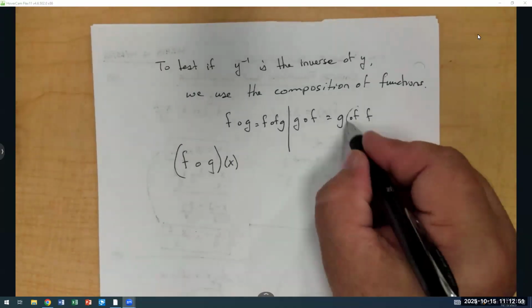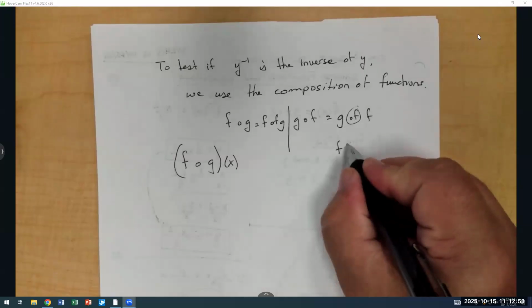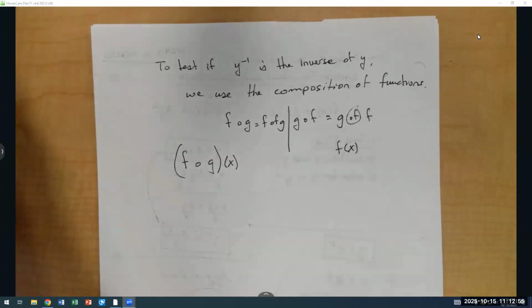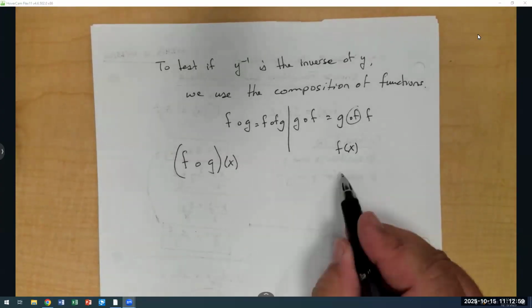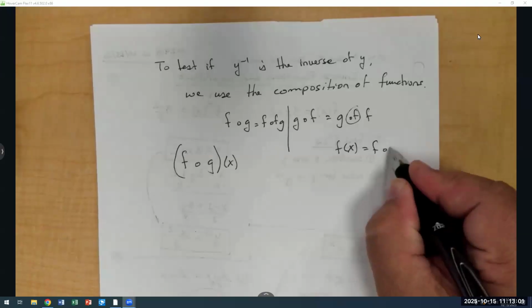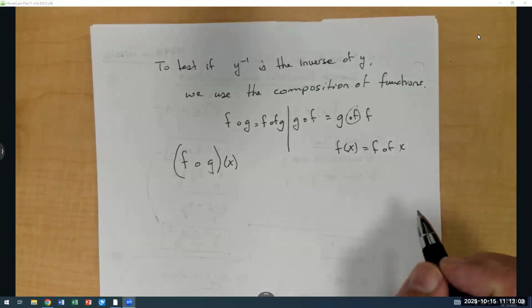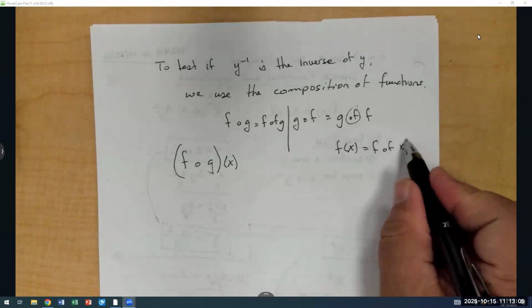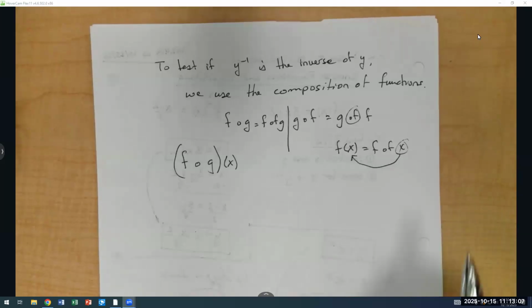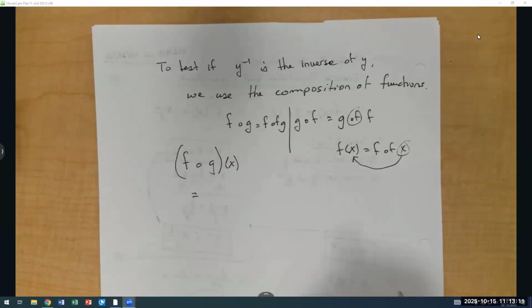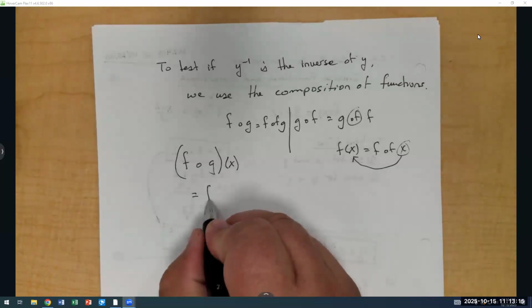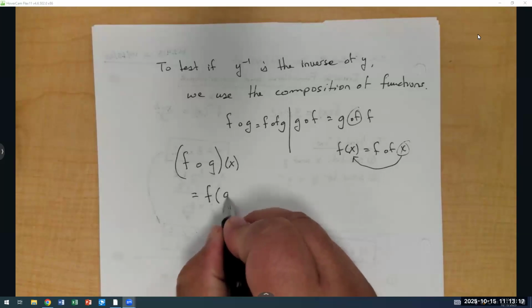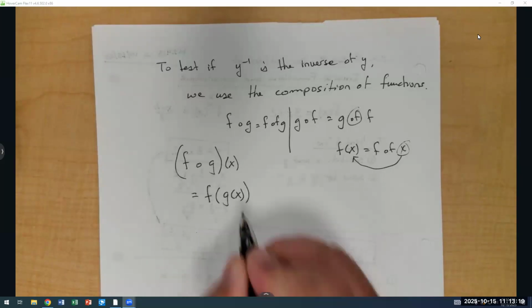Now, why is the word of important? Because how do you read this? How would you read that? This is f of x. So whatever is after the of is what's inside the parentheses. So what this says, it's a composition of functions.